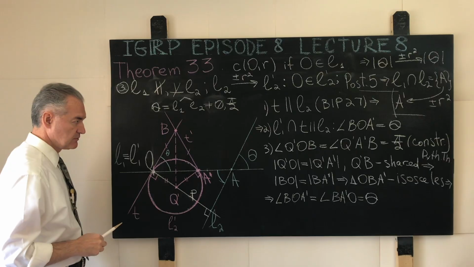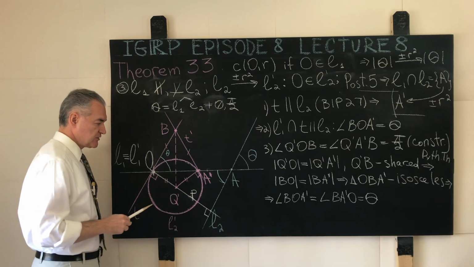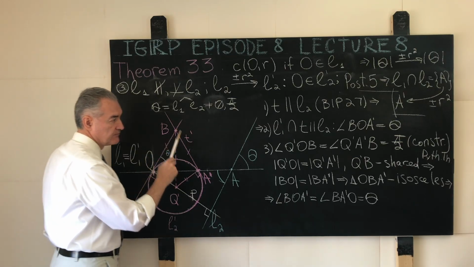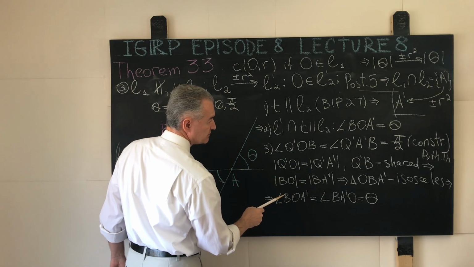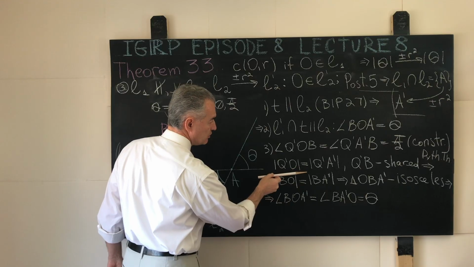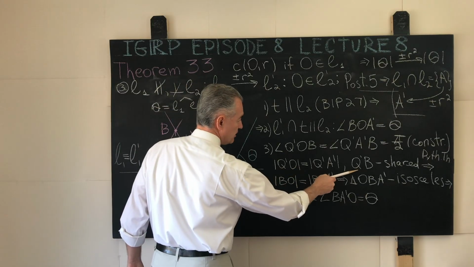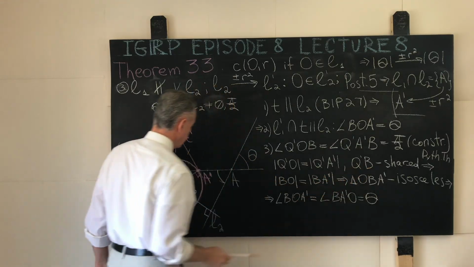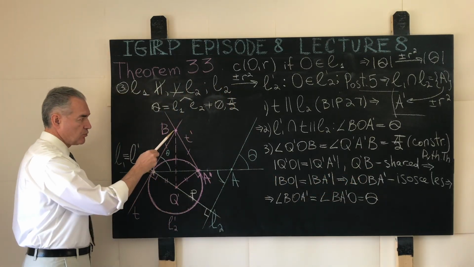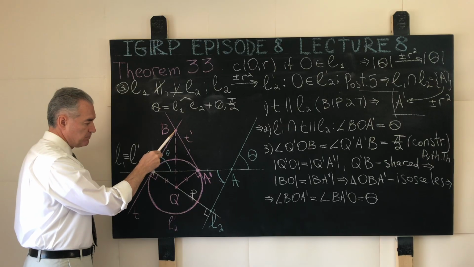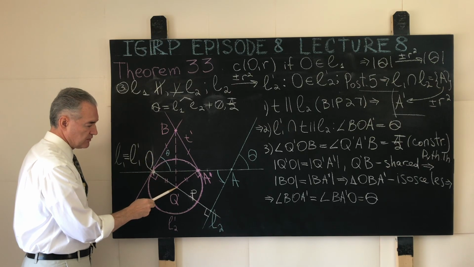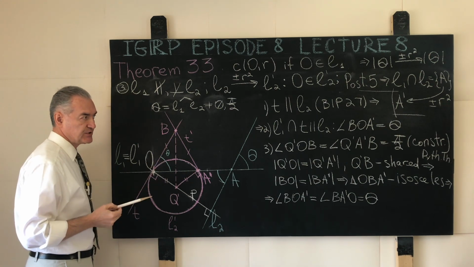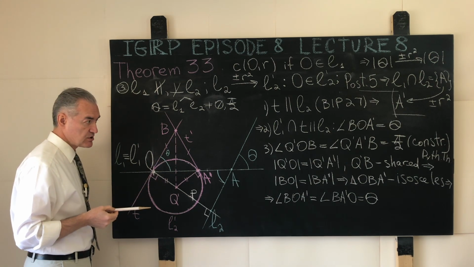This is evident. Now, next we make the observation that the line segment Q prime B is shared. See, Q prime B is shared. Why is that? Well, it is shared by what? By the triangles BOQ prime and Q prime A prime B, which, as we said, are right by construction.